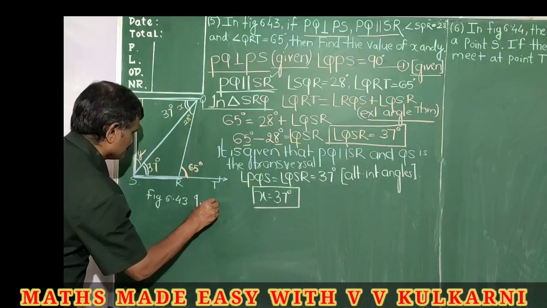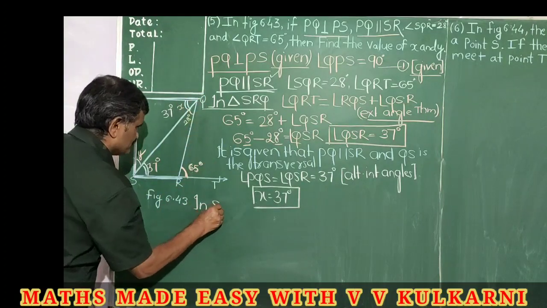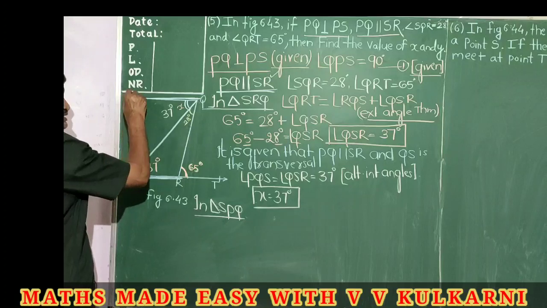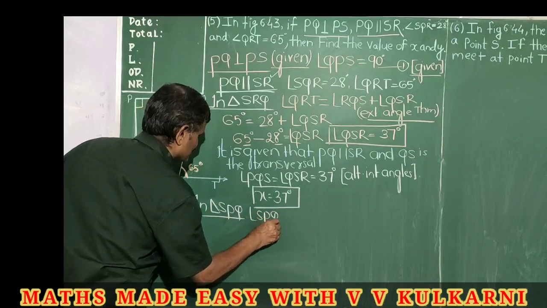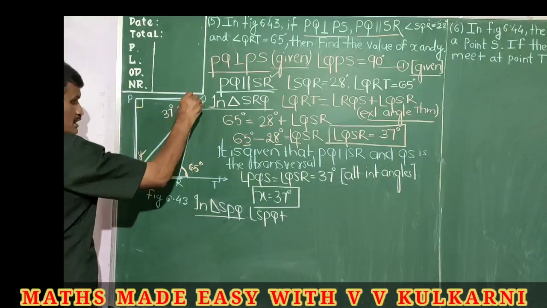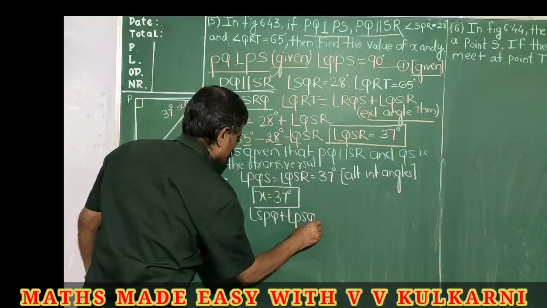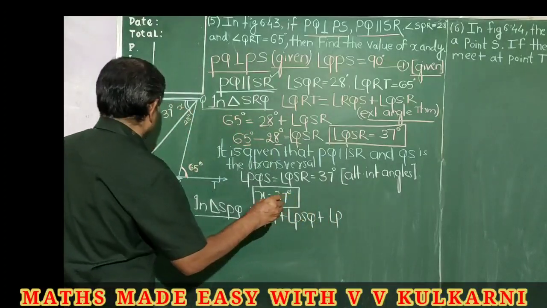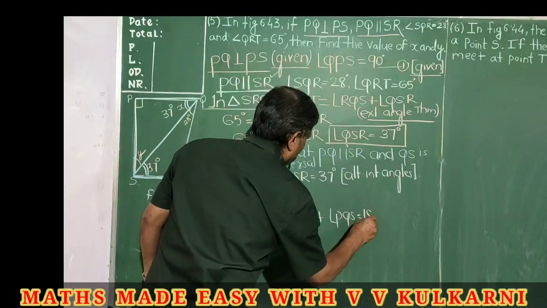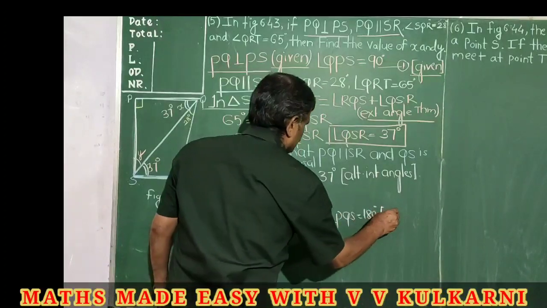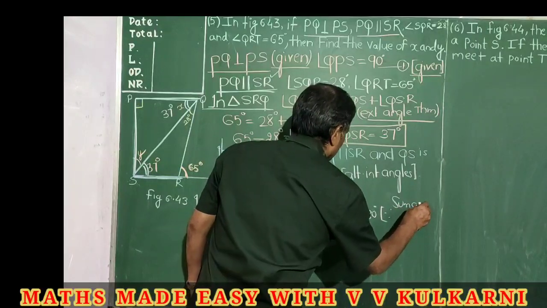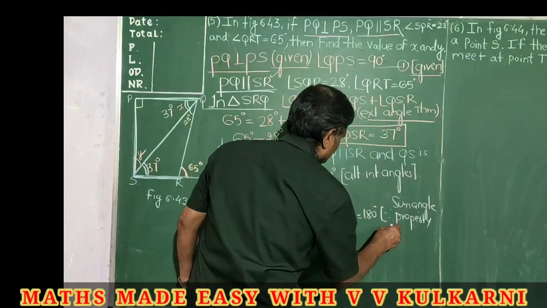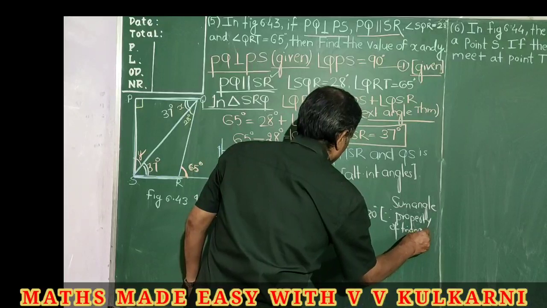In triangle SPQ, angle SPQ plus angle PSQ plus angle PQS is equal to 180 degree, because again same angle sum property of triangle, we are using it.